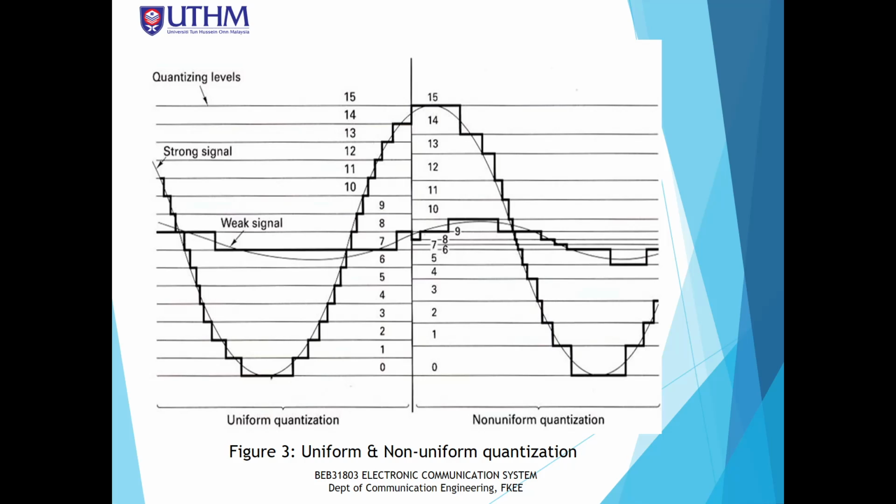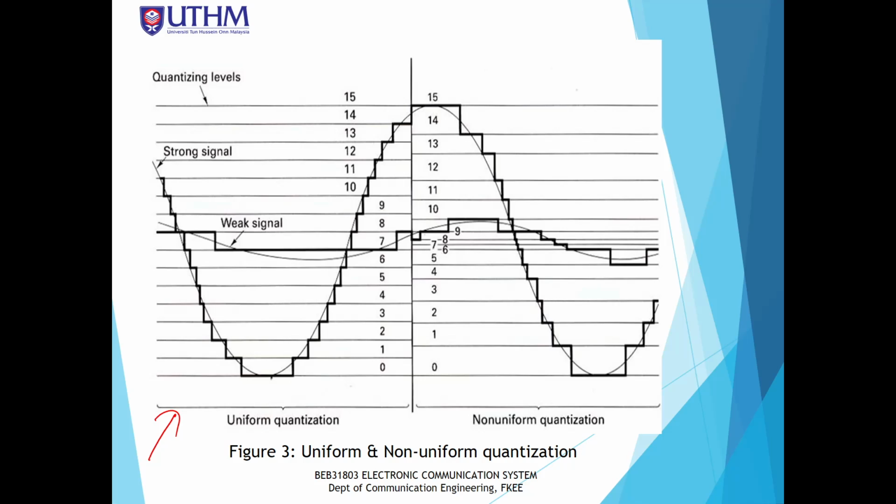Okay. So dalam gambar rajah ini membuat perbandingan antara uniform quantization dengan non-uniform quantization. So gambar rajah di sebelah kiri menunjukkan uniform quantization yang mana setiap nilai step size adalah sama. Okay, maknanya jarak antara tangga itu sama.